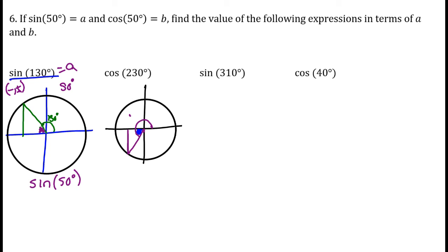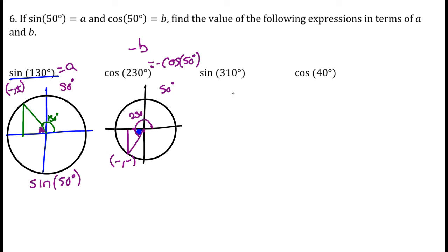The whole thing is 230. So if that's 180, how much more do I have to spin? I have to spin another 50 degrees. But in quadrant 3, cosine is your x, sine is your y, both cosine and sine are negative. So this is equal to the negative cosine of 50. Well, what's the cosine of 50? B. So this is equal to negative b.